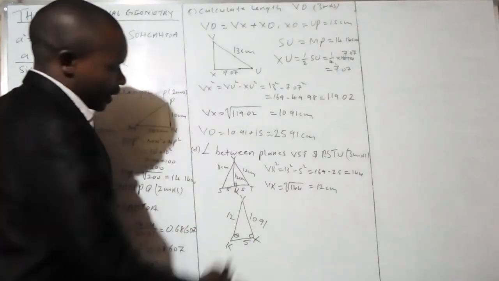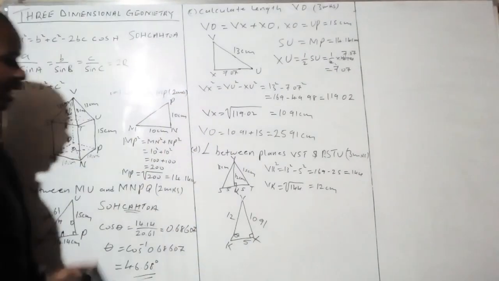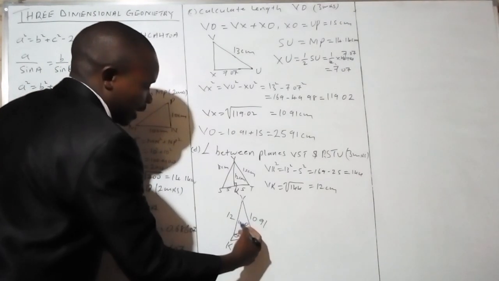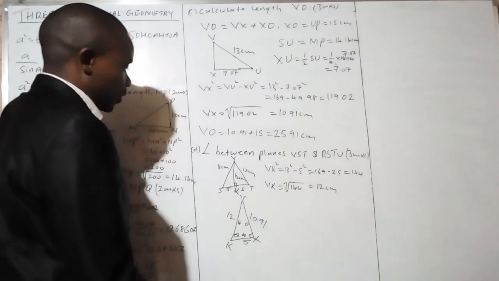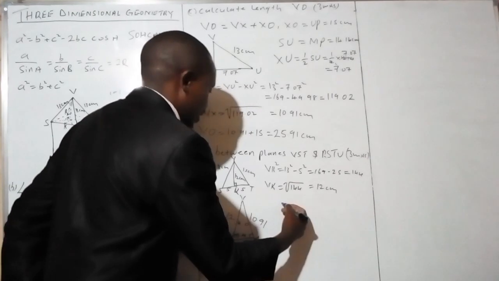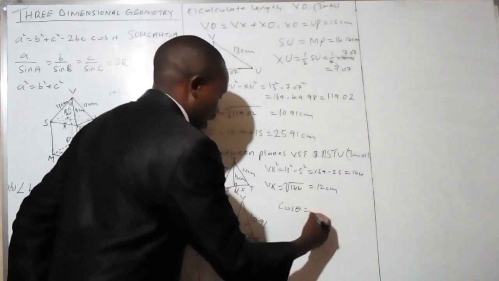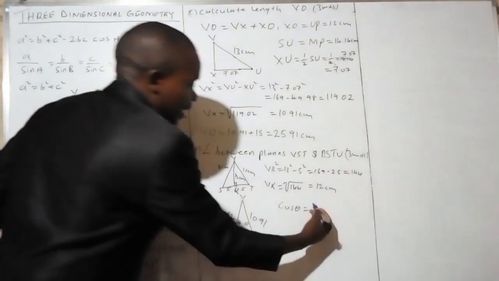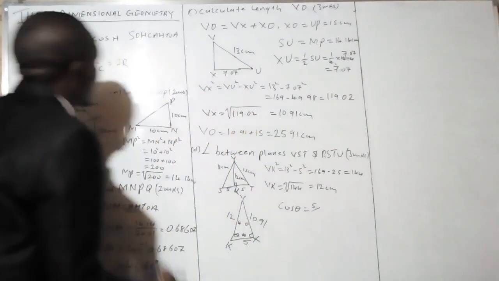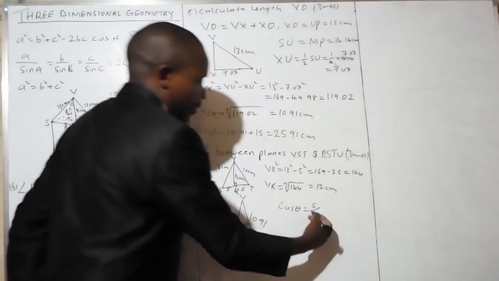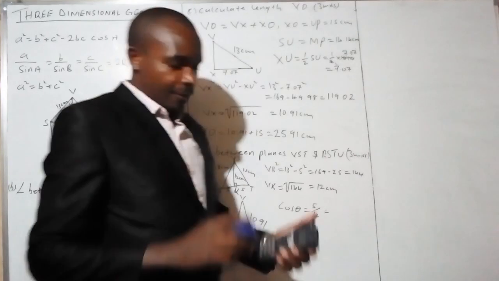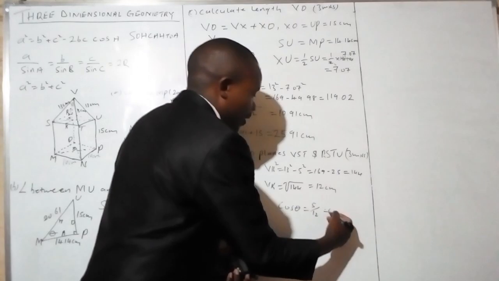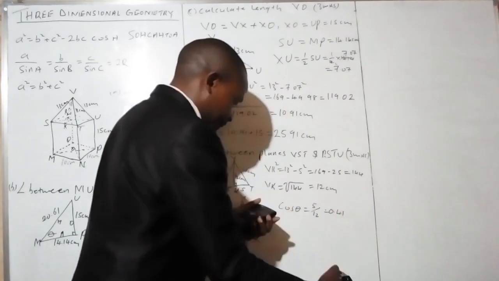We use SOHCAHTOA. This side here will be adjacent, opposite, hypotenuse. Cos theta is equal to adjacent 5 over hypotenuse 12. 5 divided by 12 is 0.41666.